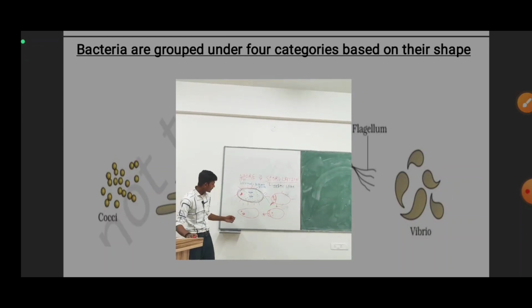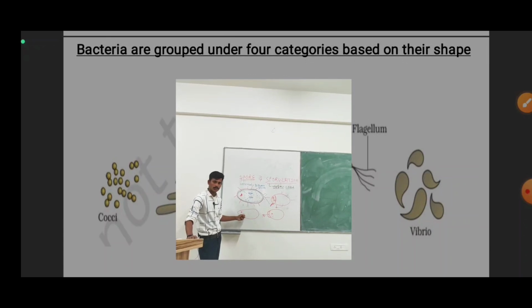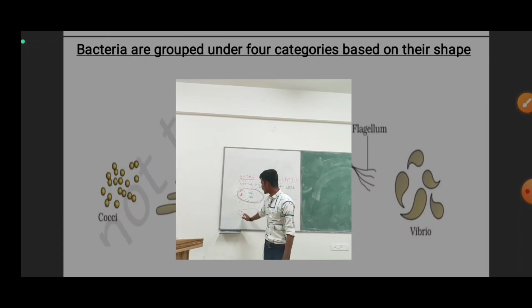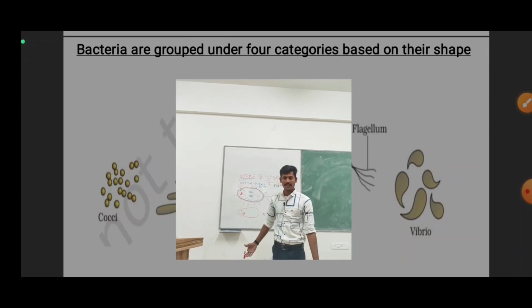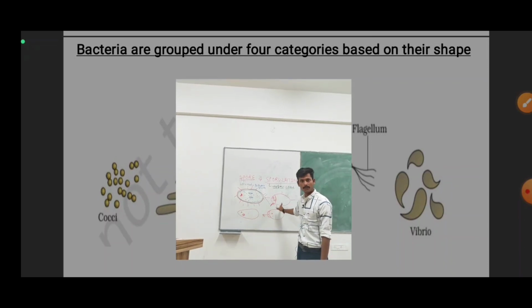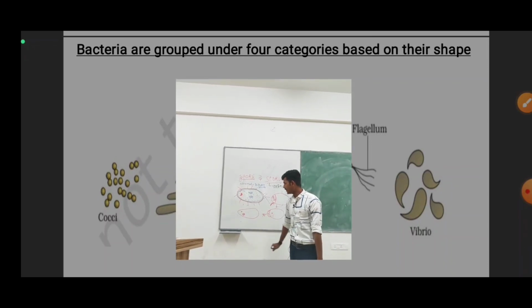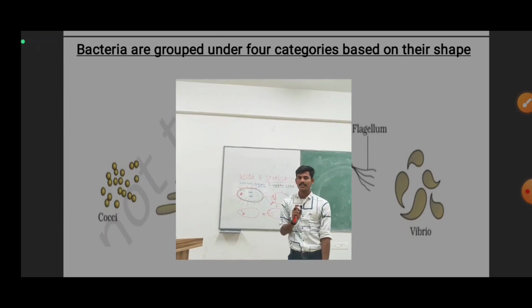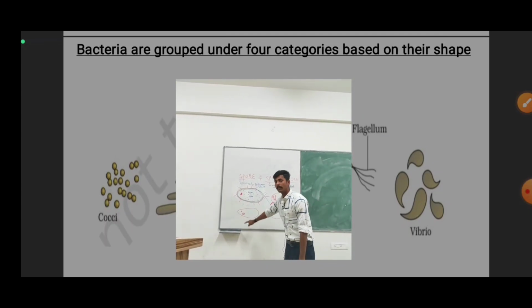Now what is the clinical importance of newly formed spores? In bacteria, basically the gram-positive rods undergo this sporulation process. The clinical significance of spores is, first of all, they are multi-layered.